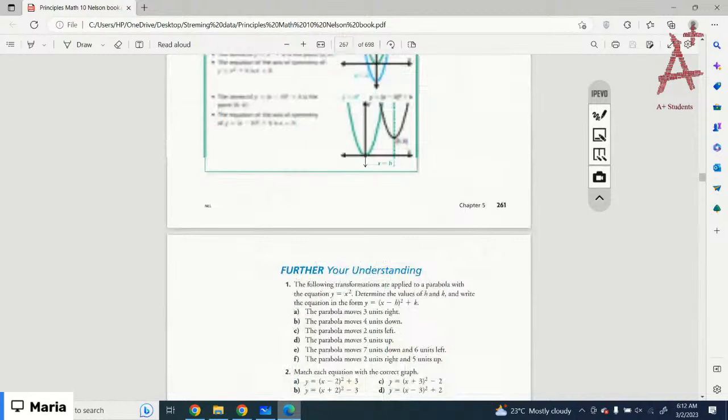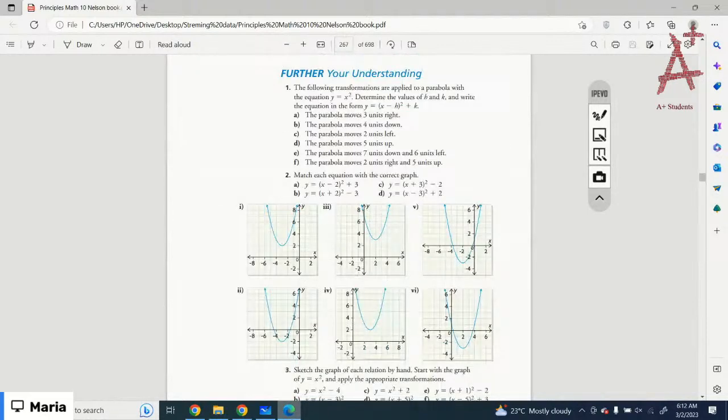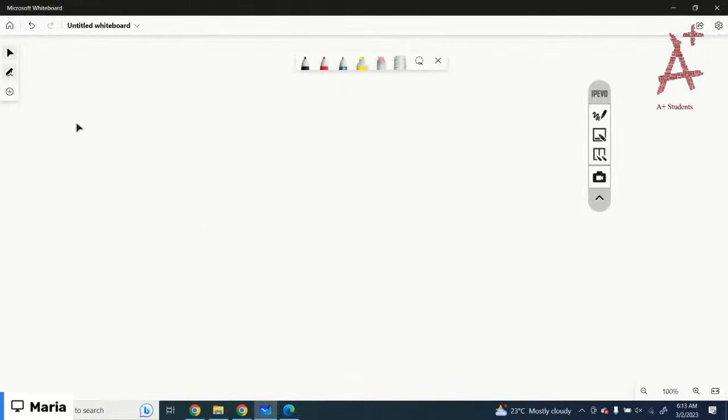Okay, here are the translations. Let's start with question number 1. The following transformations are applied to a parabola with the equation y equals x square. Determine the values of h and k and write the equation in the form y equals x minus h whole square plus k. You have to write down the transformations in the form of the equation. Let's start with A. The parabola moved 3 units right.